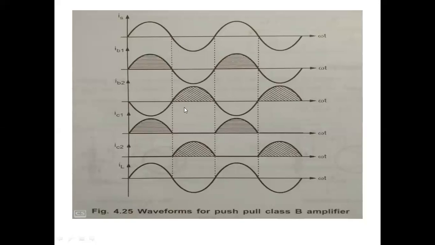So because of this negative voltage, there is no current at the Q1 collector, and we have some current at the collector of Q2. So by this way, we have some sinusoidal wave. During the positive half cycle, this one conducts. During the negative half cycle, this one conducts. So that means we can get the full cycle, that is positive half cycle and negative half cycle.